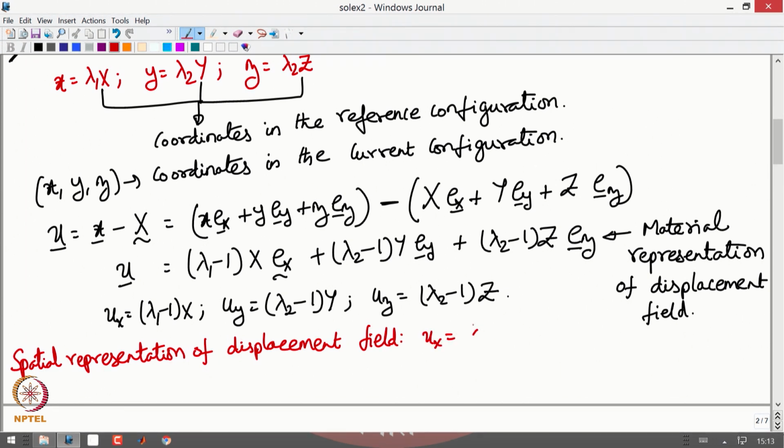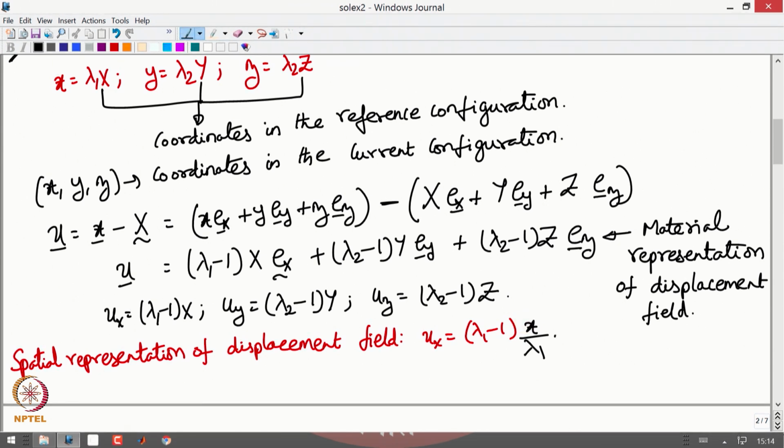That is, now u x would be lambda 1 minus 1. From this equation I can write capital X as small x by lambda 1. So, I have replaced capital X by small x by lambda 1, and this is now in terms of small x. So, this is a spatial representation of the displacement field.